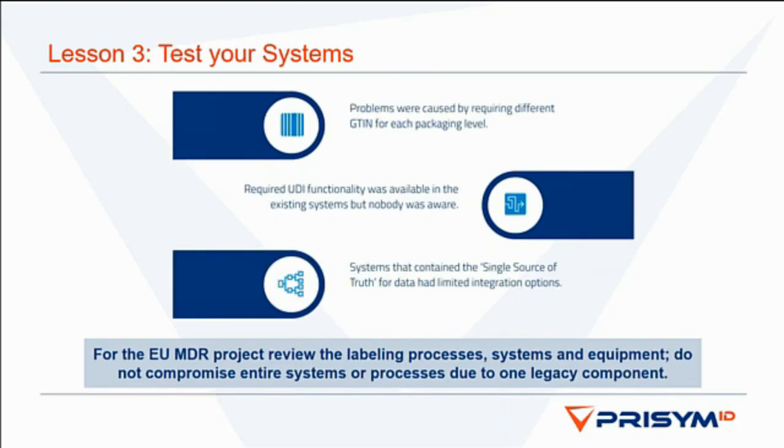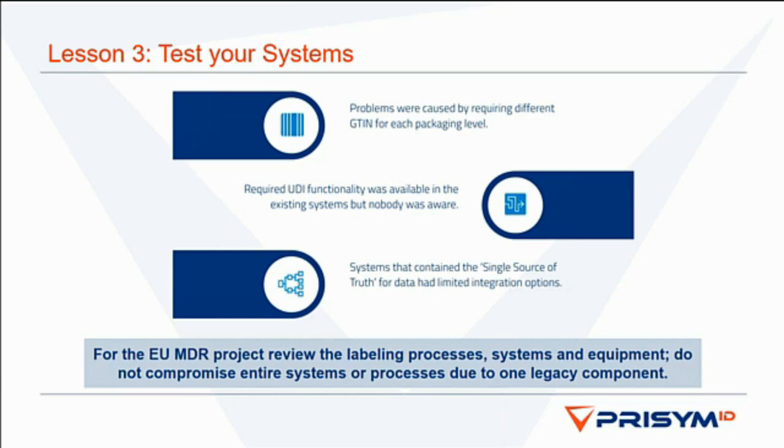The third important thing is to accept that some of your existing systems may no longer be capable of meeting your new requirements. One of the changes for UDI that caused a problem for a number of our customers was having to include a different GTIN on each level of packaging, and this is similar with the EU MDR regulations.